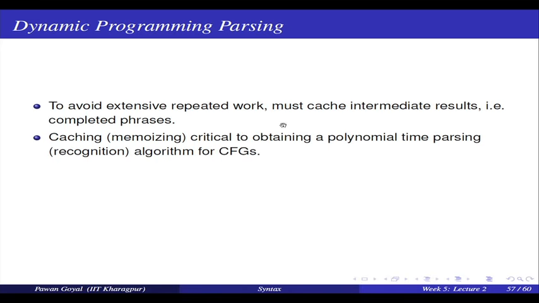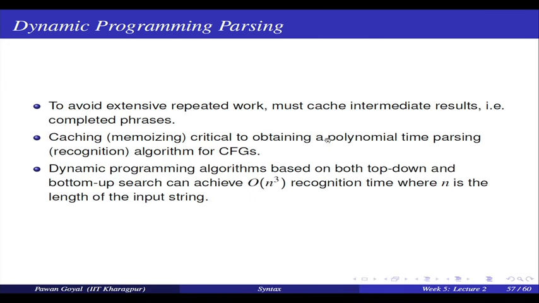By doing this caching, I can obtain a polynomial time parsing algorithm for context-free grammars. There are different dynamic programming algorithms, both top-down as well as bottom-up, and they can work in roughly order of n cube time, where n is the length of the sentence, the number of words in my input string.